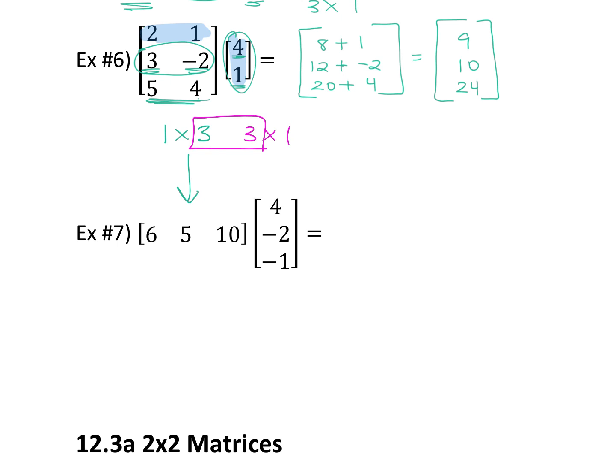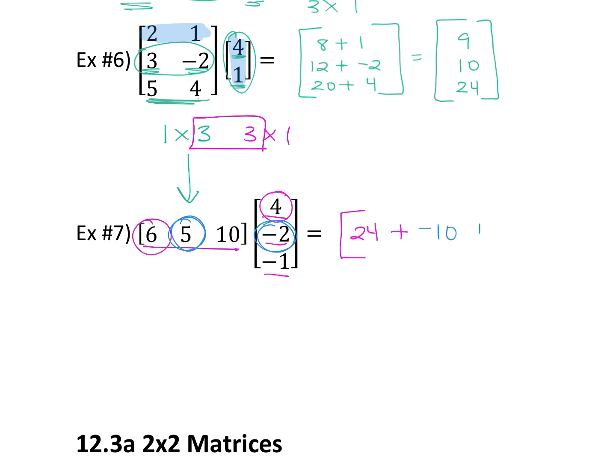Okay, so we should get a 1 by 1, which means we're taking all of this with all of this just in one shot, okay? So it's going to be 6 times 4, or 24, plus what? What comes next? 5 times negative 2, right?